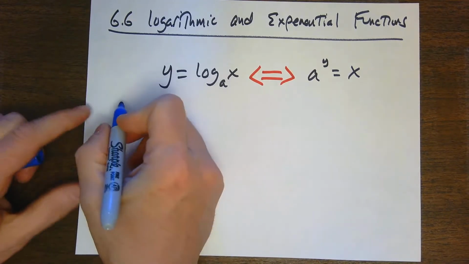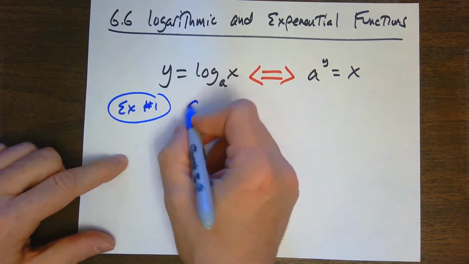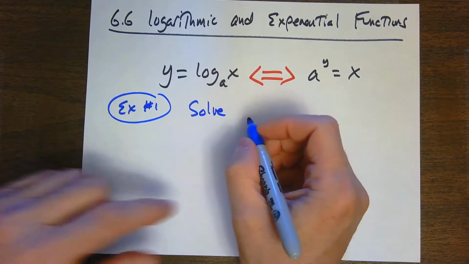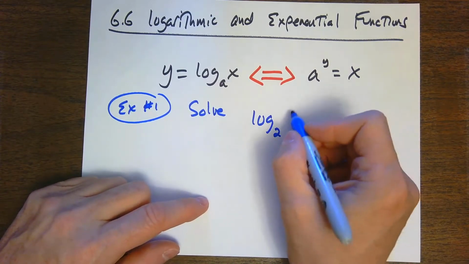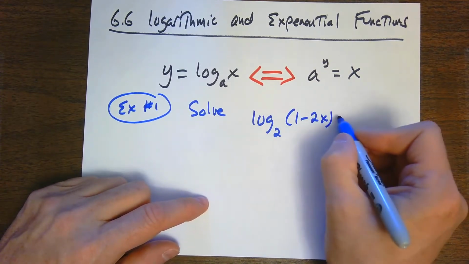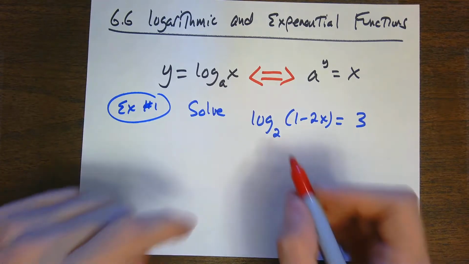Example number 1. I want to solve log base 2 of 1 minus 2x is equal to 3. One of the keys to doing this is to rewrite it.